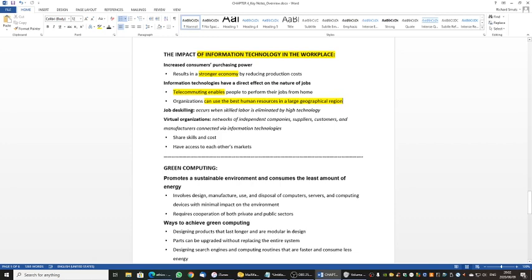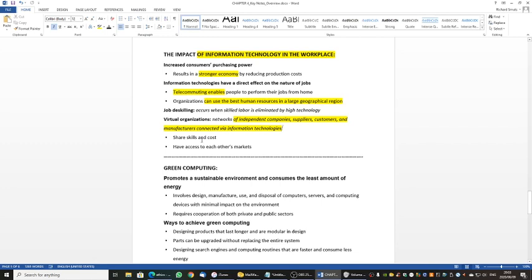Job de-skilling, for example, is where computer activity, programs and meeting programs have become so popular that they actually eliminate somebody's job. On the positive note, we have what we call virtual organizations, which are networks of independent companies, suppliers, customers, manufacturers that are all connected via IT and can do business together.